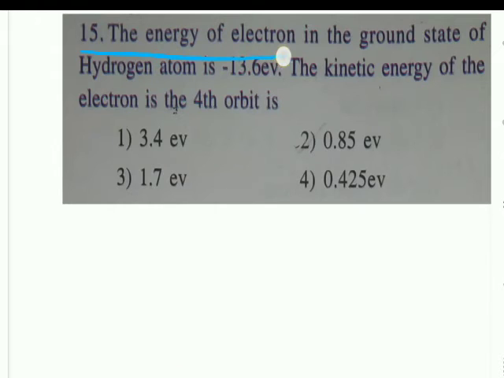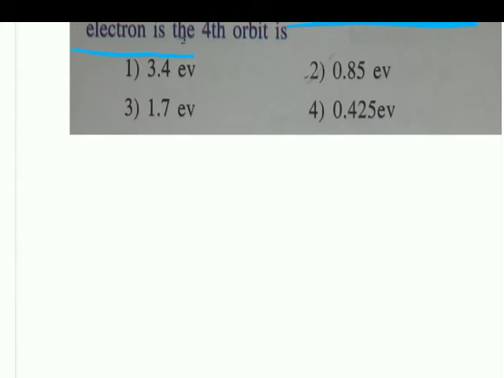The energy of the electron in the ground state of hydrogen atom is minus 13.6 electron volts. What is the kinetic energy of the electron in the fourth orbit? In the ground state, the energy is minus 13.6 electron volts.